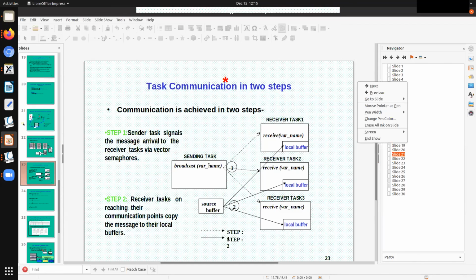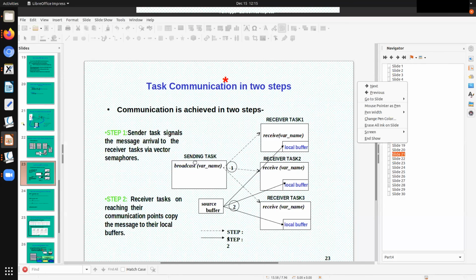Whenever there is a communication of a certain variable name, we first broadcast, and whichever tasks are interested in that variable name are notified of the availability of the contents of that variable name and its address. Whenever those tasks become running, only then do they execute the receive on the variable name they are registered for, and only then do they start copying the content.